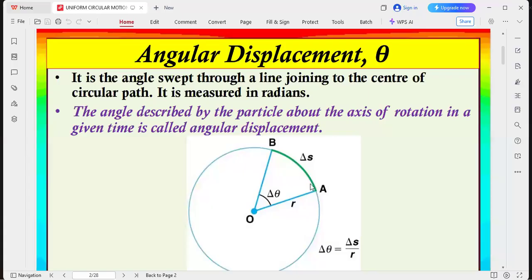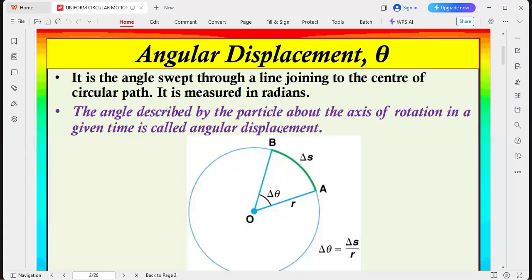It's a sector. In maths, we call it a sector. This sector is describing a certain angle at the center O, which is angle theta. So this angle theta described by that body from A to B is called angular displacement theta. In uniform circular motion, when you see theta, it means it's an angular displacement.